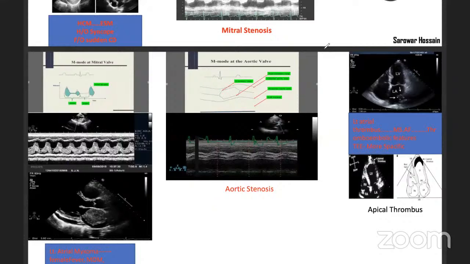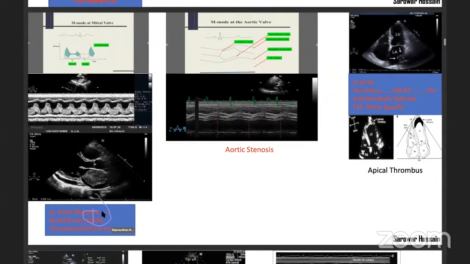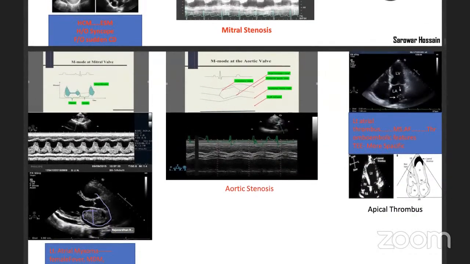Okay. So next is M mode at the aortic mitral valve only. Again, the mitral valve they've given. I don't know what they're trying to say because here nothing is seen. But here it looks like there's a myxoma down. This one is myxoma, but I don't know what they're trying to say.